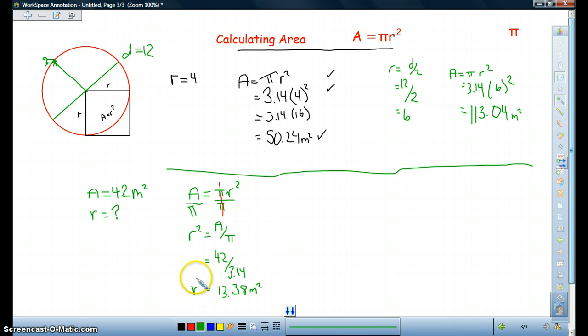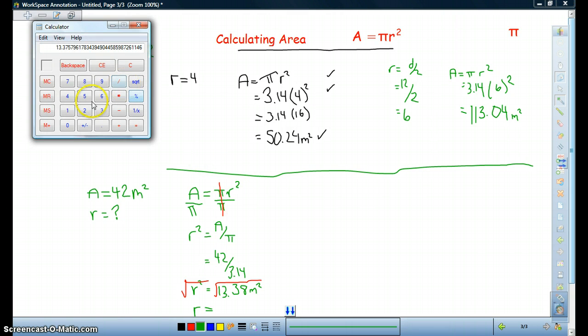But we have a squared on this side that we get rid of. What's the opposite of squaring something? How do we get rid of a square? Well, we have to take the square root. So the square root of this will cancel out that 2, and the square root of this will give us the side length, and it cancels out those meters. So we just will have radius equals, so think about that, 13 is that whole inside of this square, and when we square root it, it will just give me that one single r.